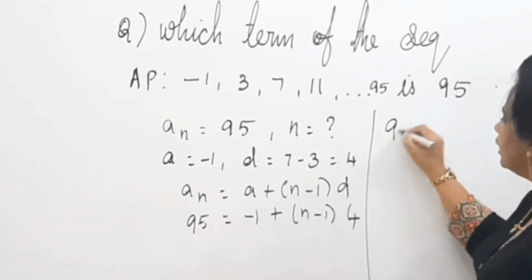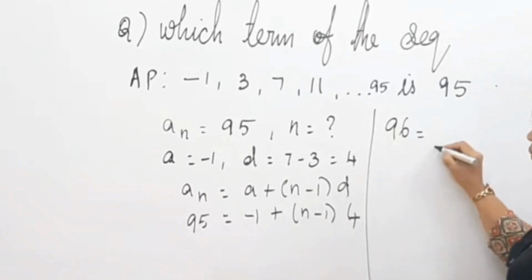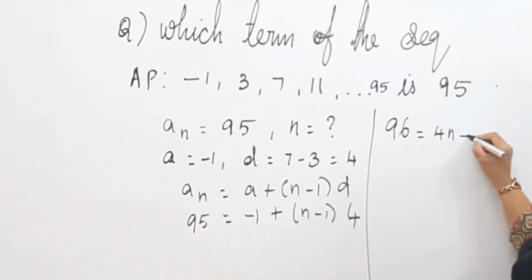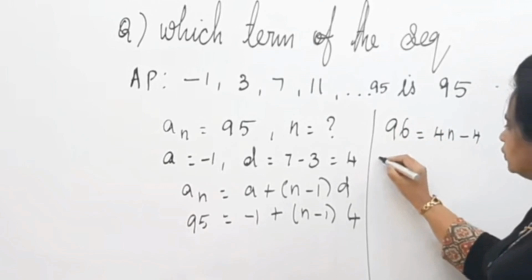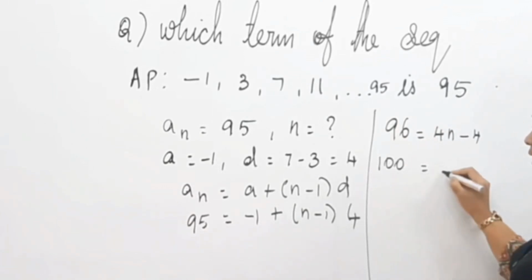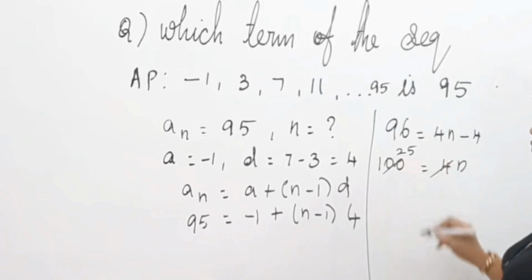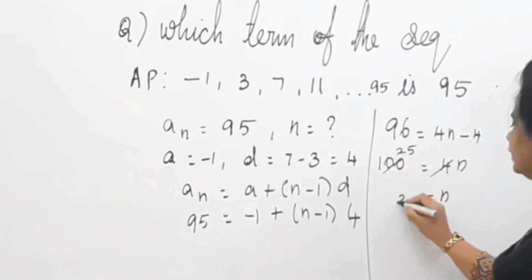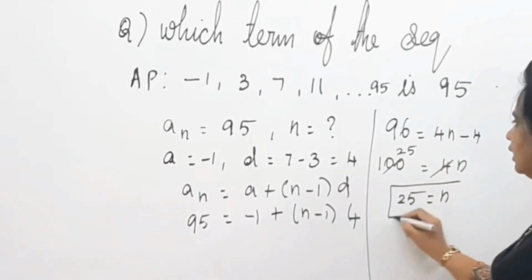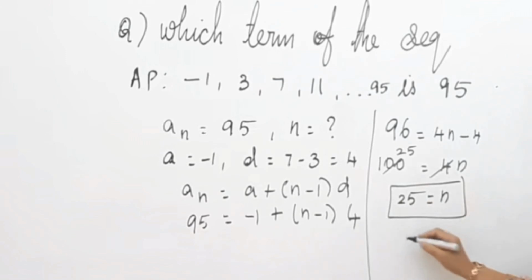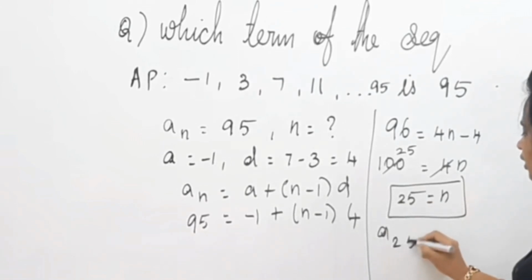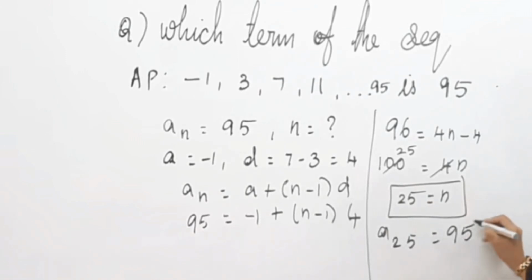This side it becomes 96 is equal to 4N minus 4. Now this goes to the other side, it becomes 100 equal to 4N. So it gets cancelled to 25. So my 25th term is 95. So A25 is equal to 95.